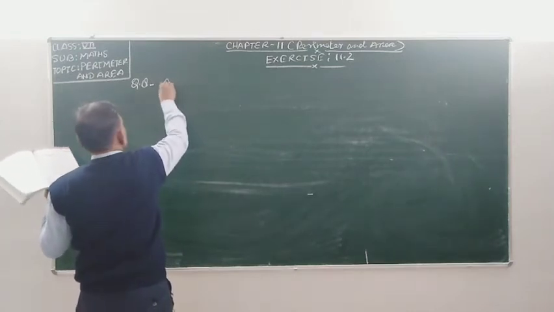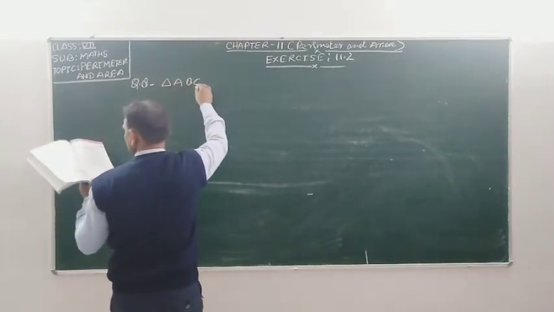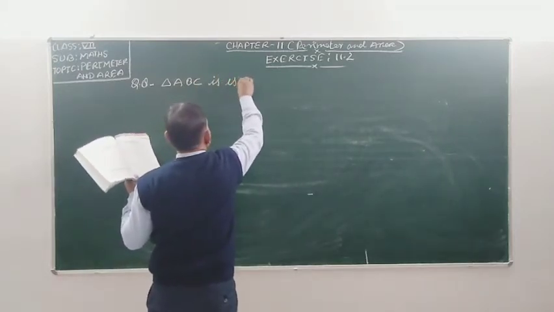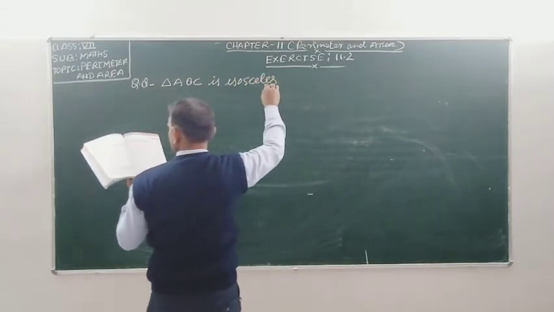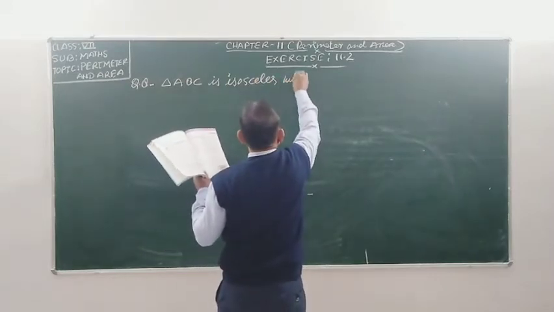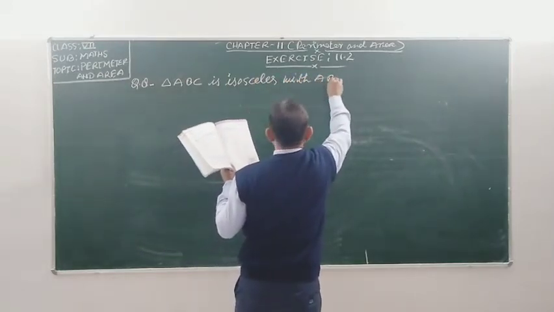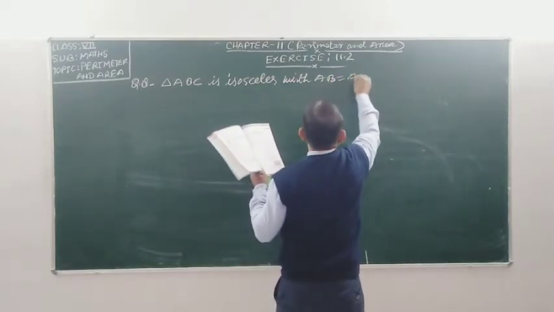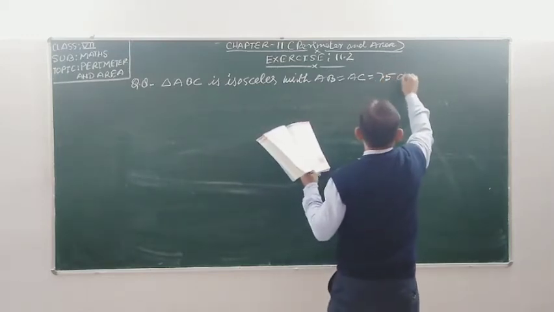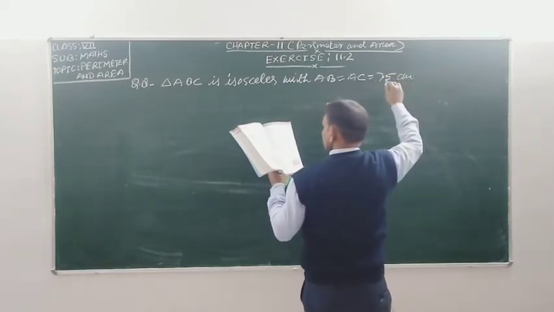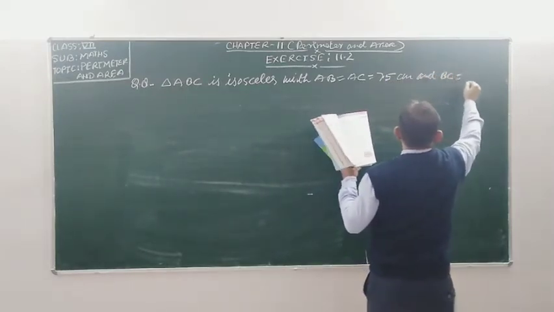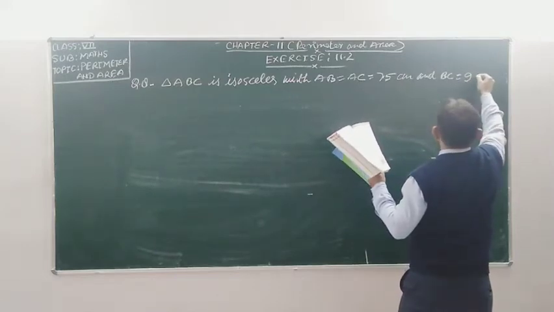Triangle ABC is an isosceles triangle with AB is equal to AC is equal to 7.5 centimeter, and BC is equal to 9 centimeter.